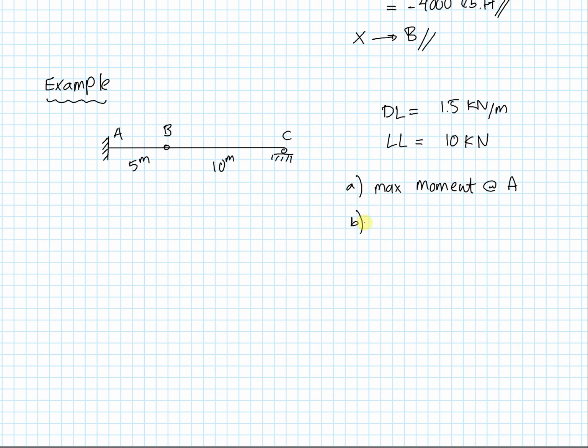And B, what is the max shear at B? So we're going to draw two influence line diagrams. One is going to be for bending moment, the second will be for shear force.